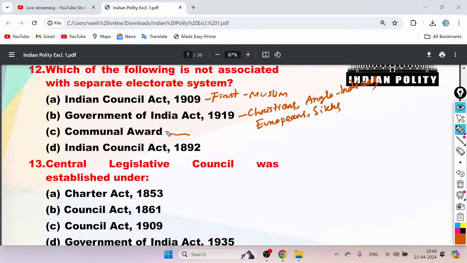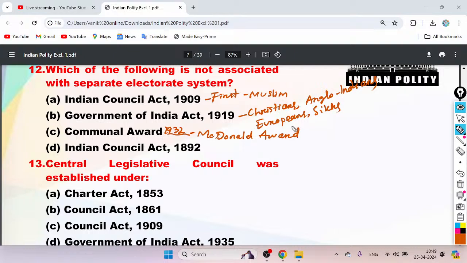1935. The Communal Award is 1932, which is popularly known as the MacDonald Award, declared by British Prime Minister Ramsay MacDonald. It also recommended reservation for depressed classes among the Hindu electorates, which was vehemently opposed by Mahatma Gandhi, and he went on fasting for an indefinite period.